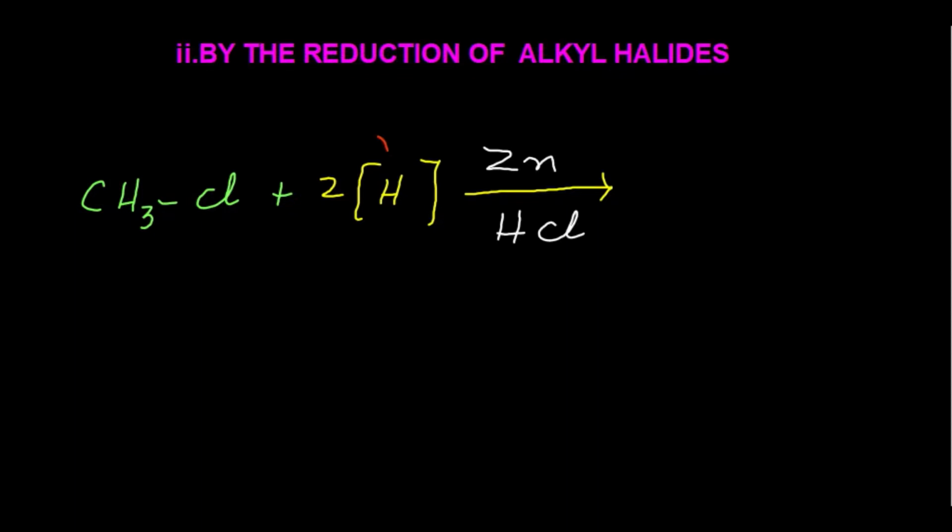Zinc on reaction with HCl will produce nascent or atomic hydrogen, which is added to alkyl halide and reduces it. We have two hydrogen atoms here, students. One hydrogen atom adds to carbon, another hydrogen adds to chlorine. So after the reaction, the product is CH3 plus H, which is CH4, plus HCl. In this way, we get the methane molecule.